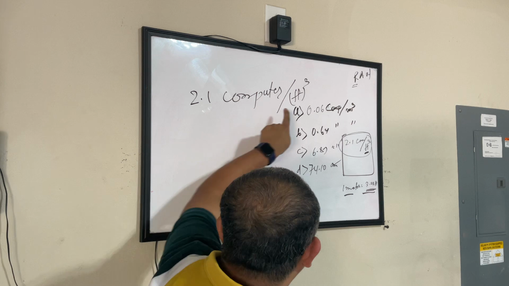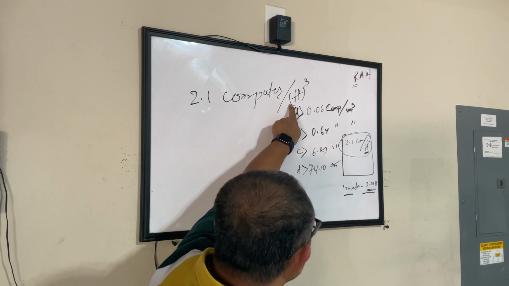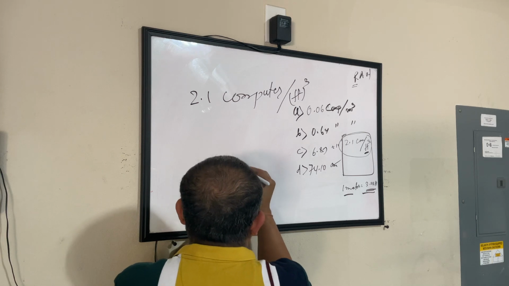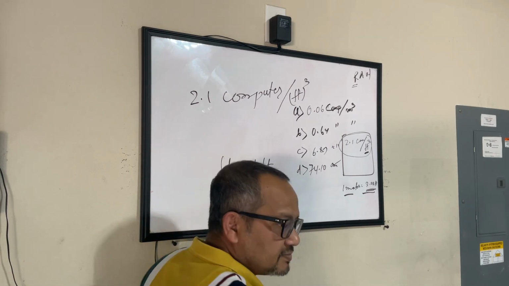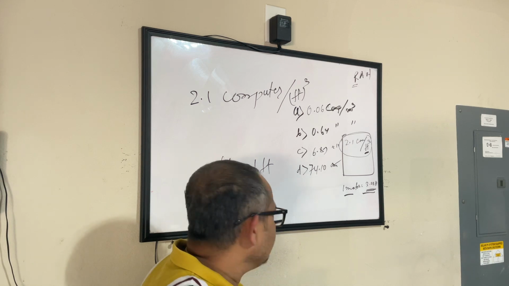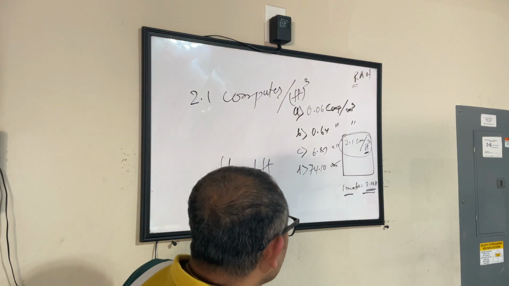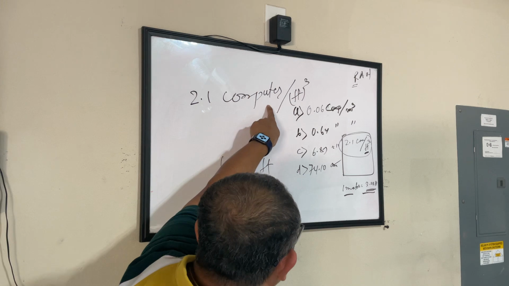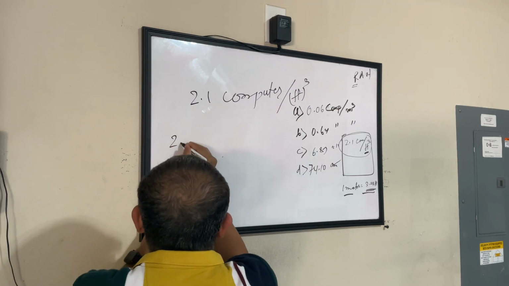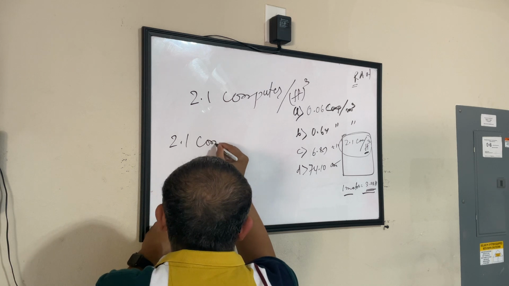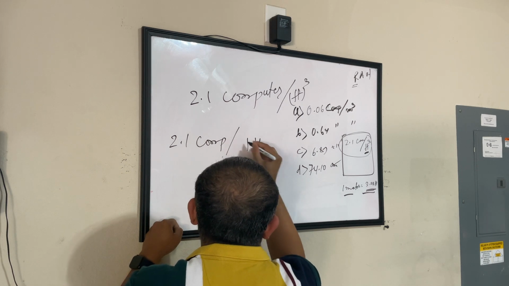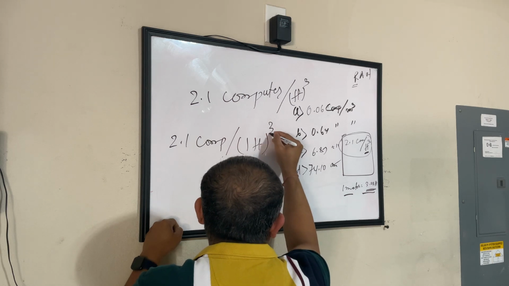This many computers per feet. Can I say feet equal to 1 foot? It's okay, right? So in this same formula, I will write this as 2.1 computers per 1 foot cube.